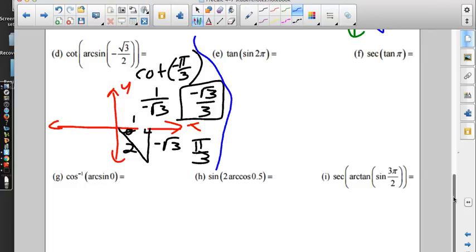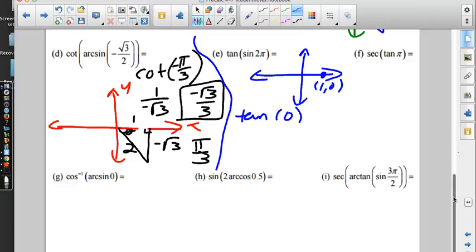talking about a quadrantal this time. If we go all the way around 2 pi, we're right back here. So if they want sine, we're just going to go ahead and say, hey, this is 1, 0. Sine is 0. So they want to know the tangent of 0.